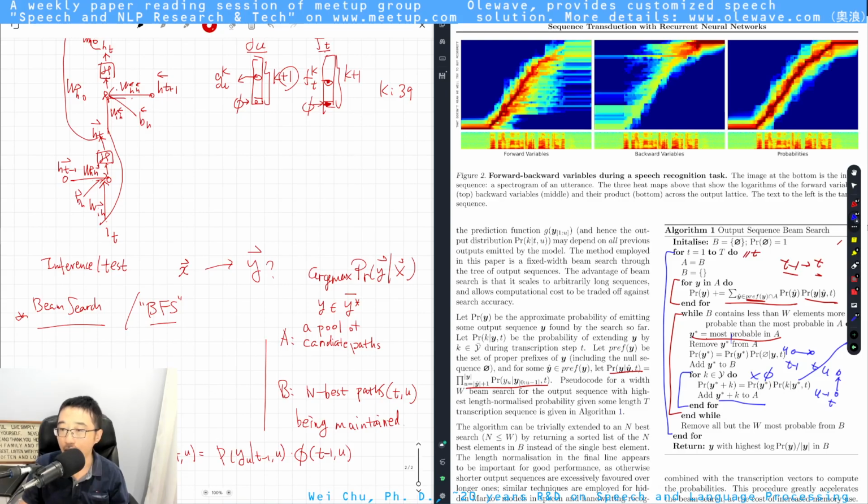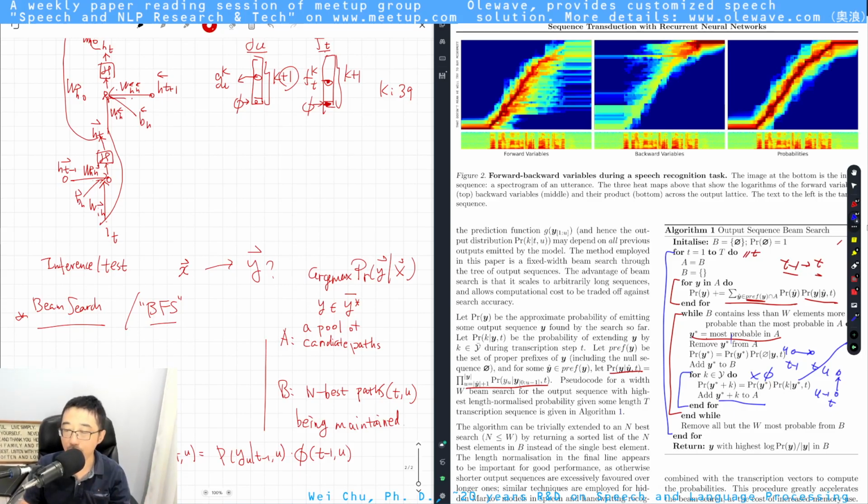Then you keep doing this until you find that B has enough best paths, and no path in A can yield a better path.